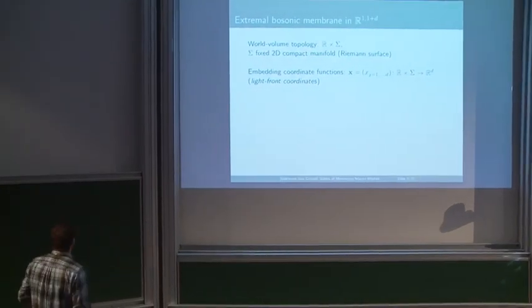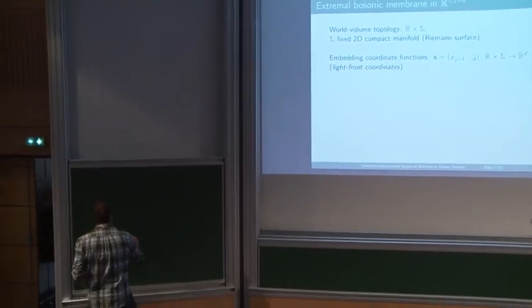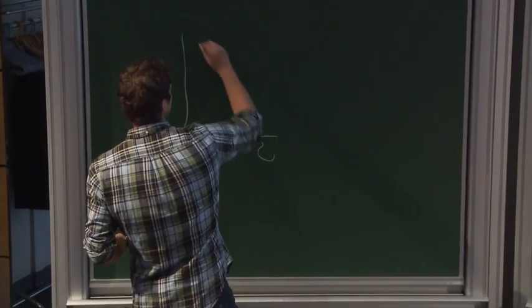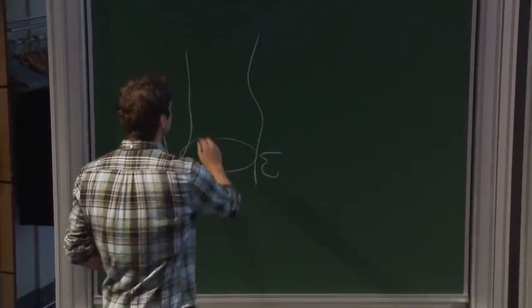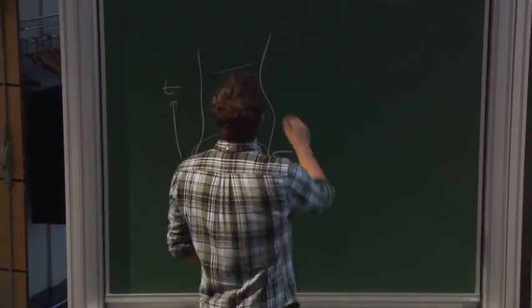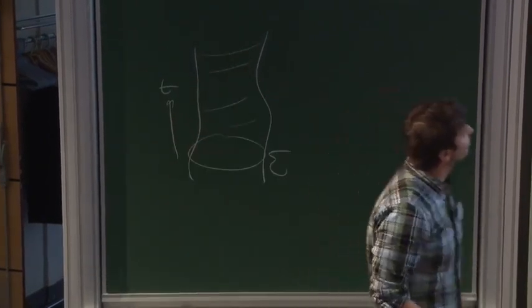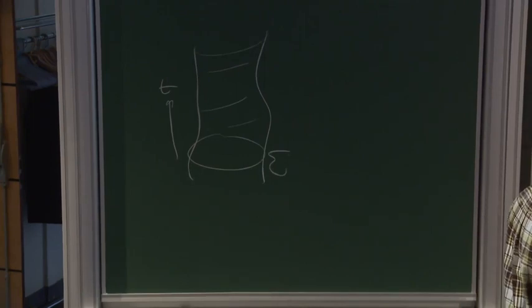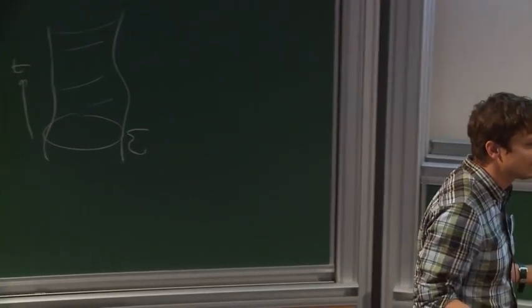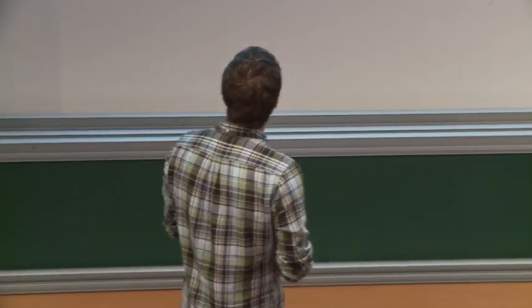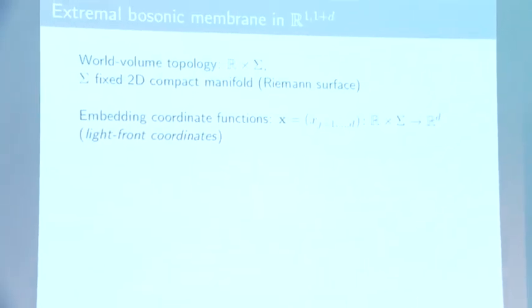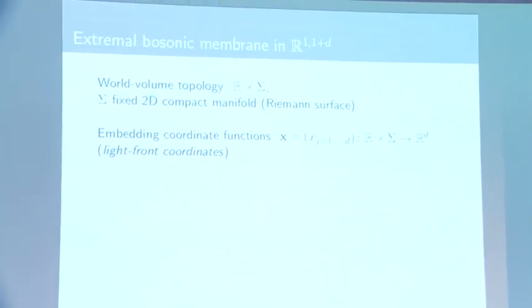The picture one could keep in mind is that we have some surface, and then we have some time dimension, which is sweeping out the world volume. And so sigma is fixed. Let's fix the topology as a start, a 2D compact manifold.